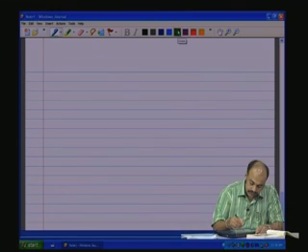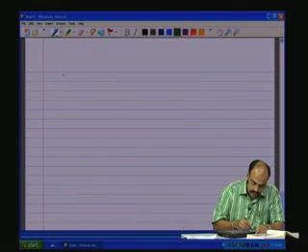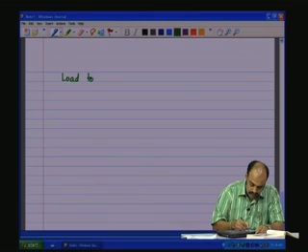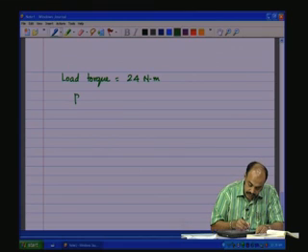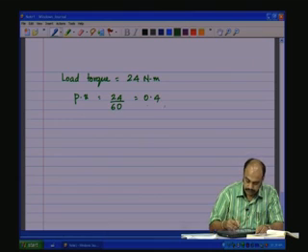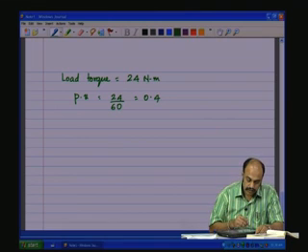Now, the load torque is 24 Newton meter. This means in per unit value, it would be 24 by 60, which is 0.4 pu. So, all should be calculated at 0.4 per unit value.